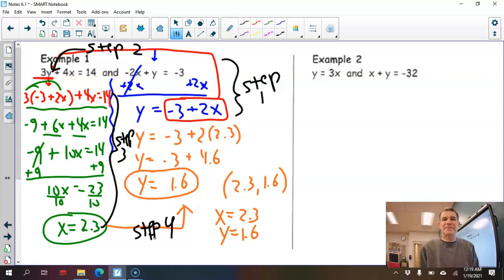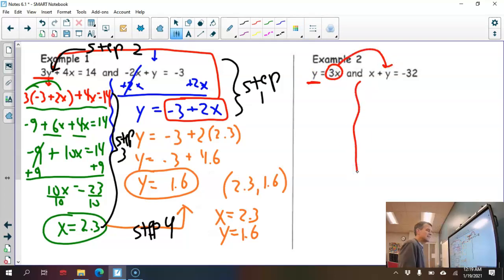Very often you do not have to. Let me go through some quick examples and we'll be done. Each of these has a little different thing about it. First of all, in example 2, a variable is already by itself, so I can just take what that equals and substitute it into the other equation.